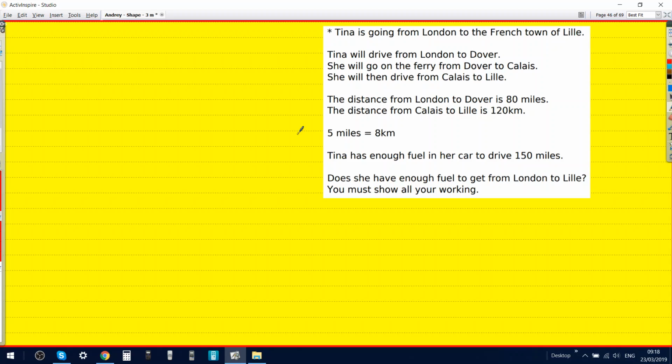So do I need to convert? Do I need to find the ratio of miles to kilometers and do like 1 mile is equal to 8/5 or something? Yeah, you could do that if you wanted. And then do I do 120 divided by 1.6?